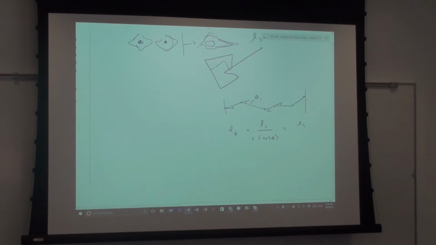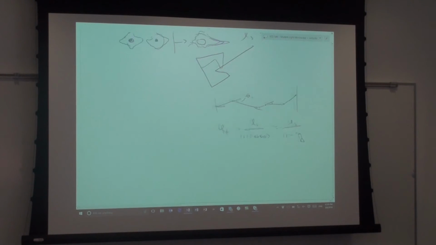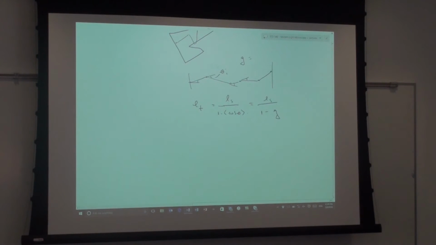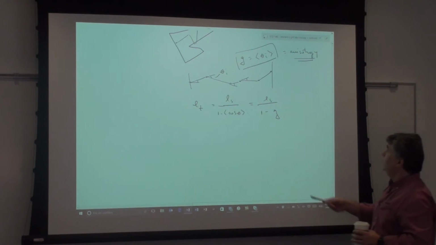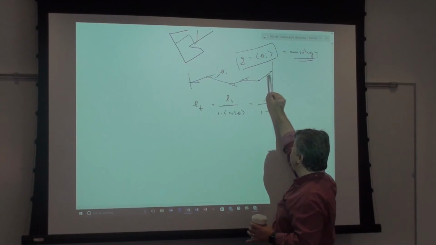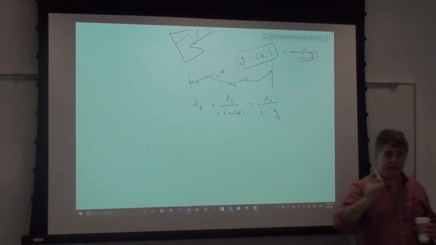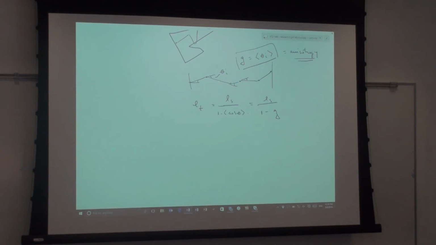I'm sorry, 1 minus G. So G is called an anisotropy factor. It is the average cosine of the scattering angle for that particular particle.